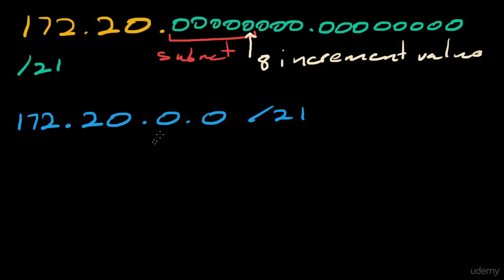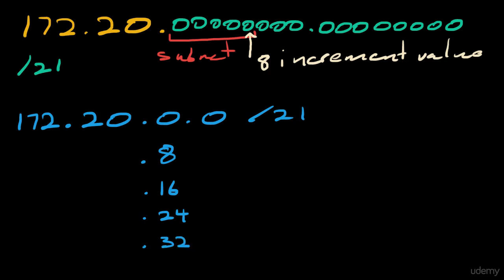172.20.0.0/21, and then we took the subnet bits from the 3rd octet, so we're incrementing the 3rd octet by 8. So I'll just write the 3rd octet. It'll be .8, .16, .24, .32.